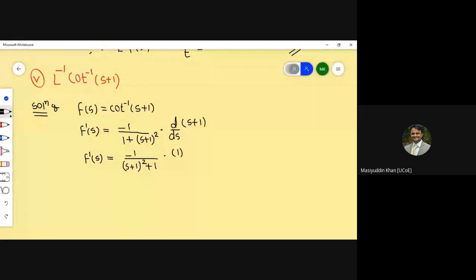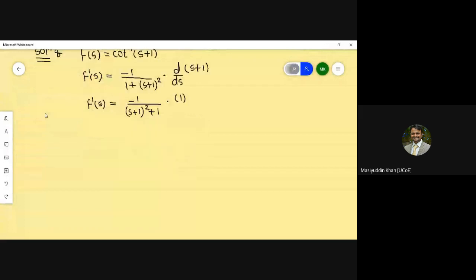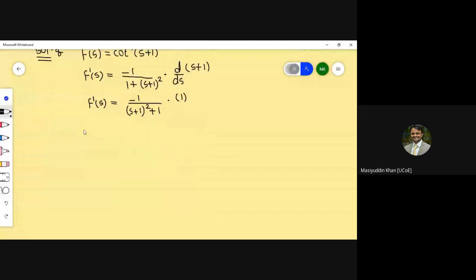Now the Laplace inverse of f dash of s is equal to minus, outside, the Laplace inverse of 1 upon s plus 1 the whole square plus 1.